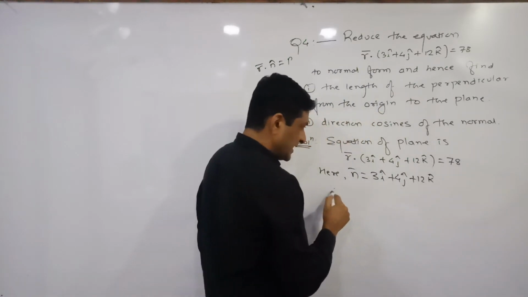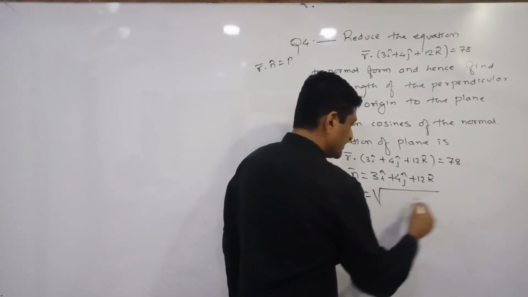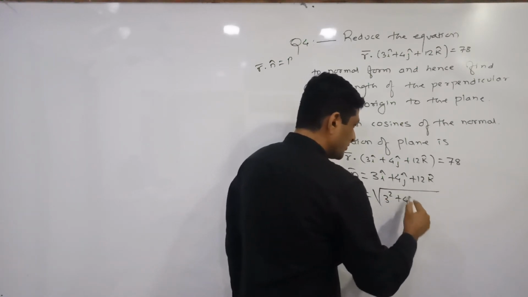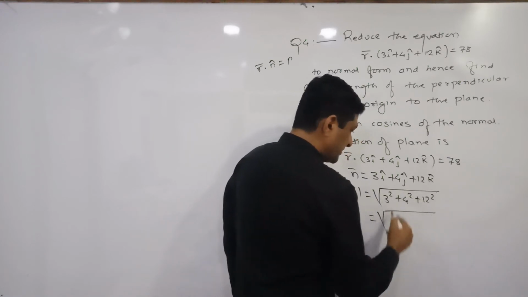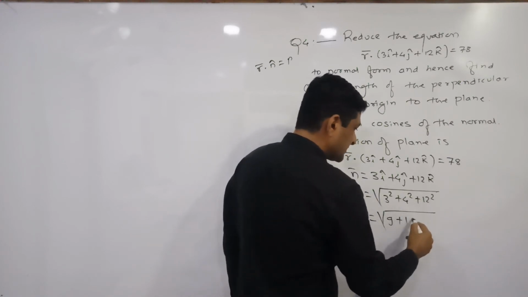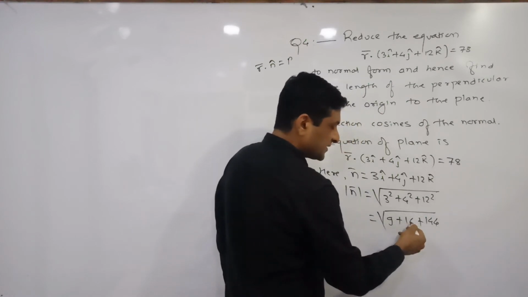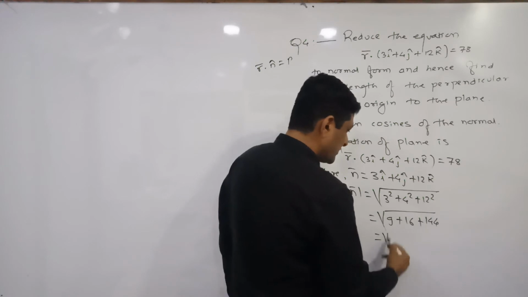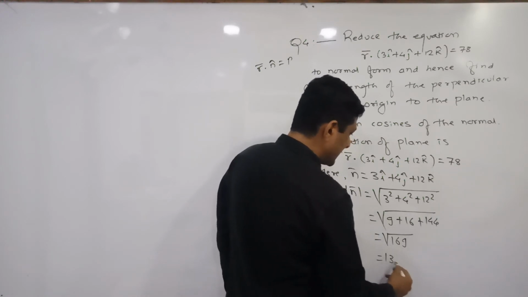Therefore the magnitude of n bar will be equal to under root 3 square plus 4 square plus 12 square. What is the square of 3? 9. The square of 4 is 16. The square of 12 is 144. So 9 plus 16 is 25, 25 plus 144 is 169, and the square root of 169 is 13.